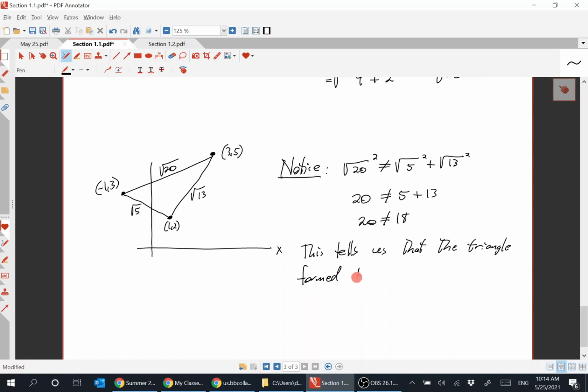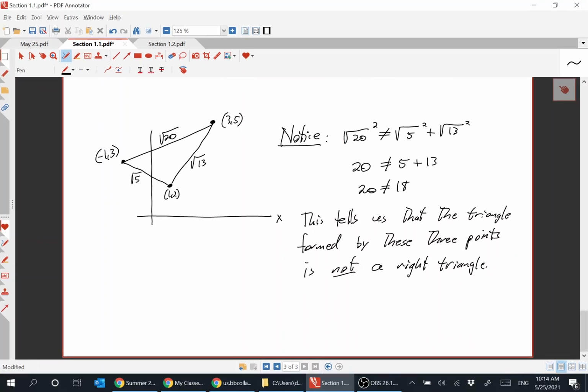The triangle formed by these 3 points is not a right triangle. The Pythagorean theorem tells us that with a right triangle, a squared plus b squared equals c squared.